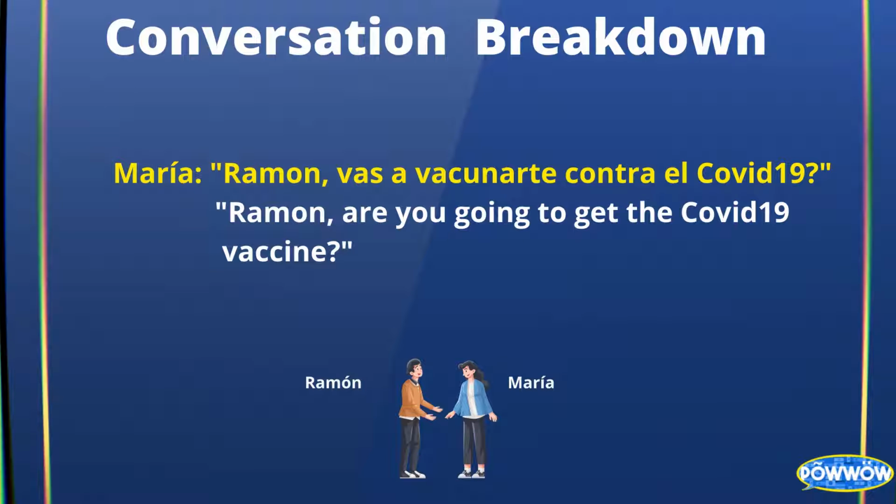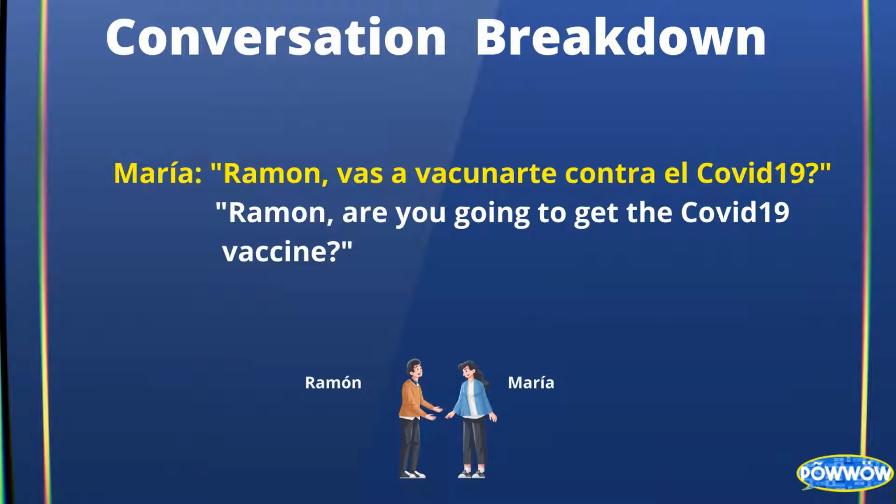All right. So now we're going to break down each line of that conversation. So here we go. First, you heard Maria ask Ramon, Ramon, ¿vas a vacunarte contra el COVID-19? In this instance, she's asking him if he's going to get the COVID vaccine. Now, when you have the word vacunarte or vacuna or any related word for vaccine, you have to use contra and then the condition or the illness or the disease.